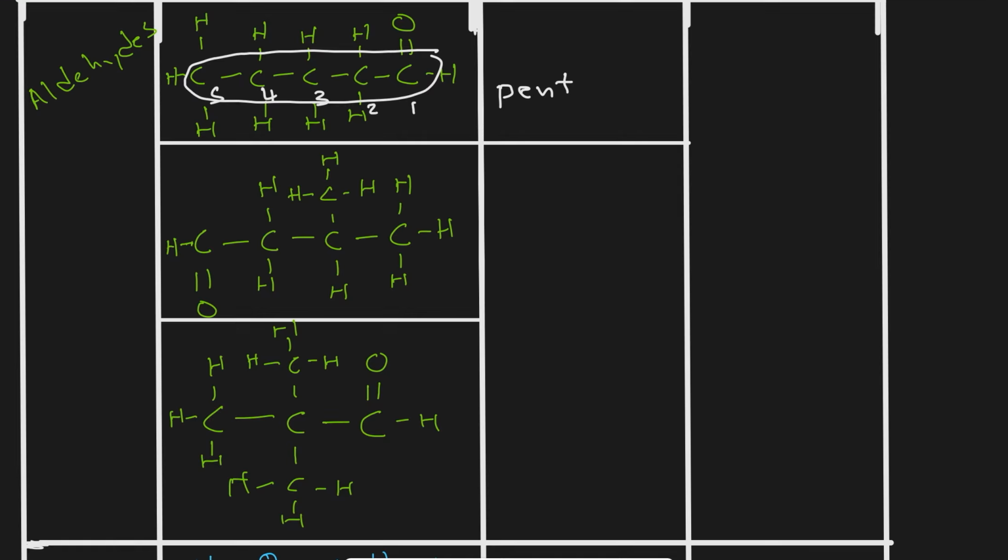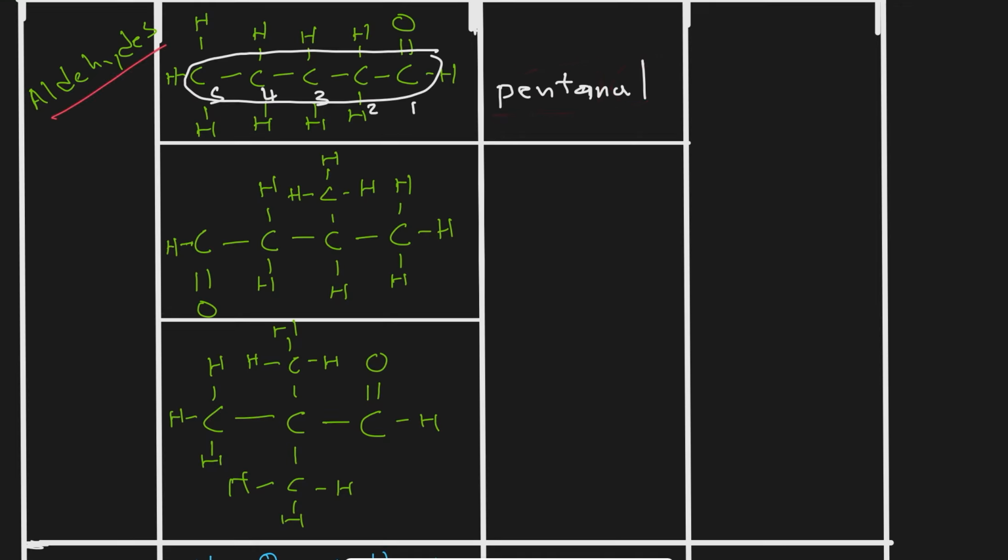In this case, you don't have to put the position, because the position of the aldehyde is always on the first carbon. So this is going to be pentanal. You just put pent, and then you put the al.